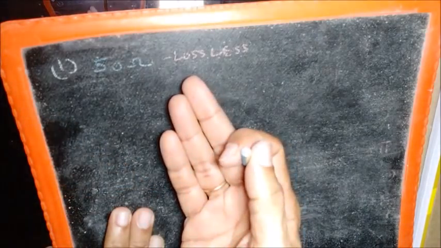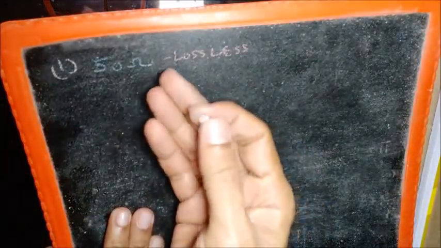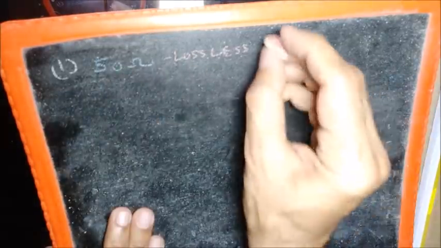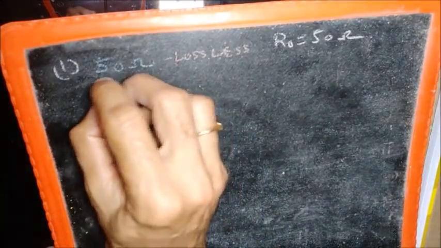So a lossless transmission line means we are assuming it belongs to the high frequency approximation, and hence R and G are 0. And a 50 ohm lossless transmission line means the characteristic impedance is 50 ohms. So remember this terminology.